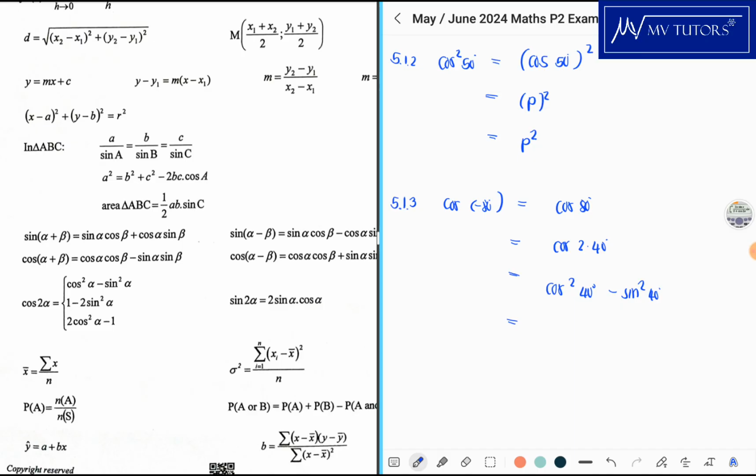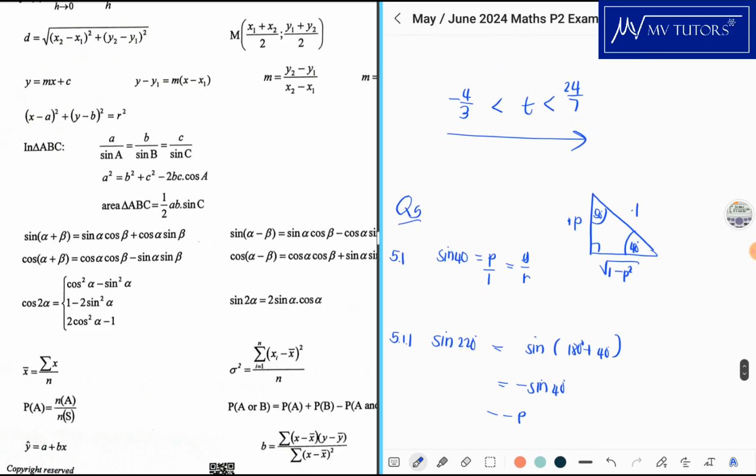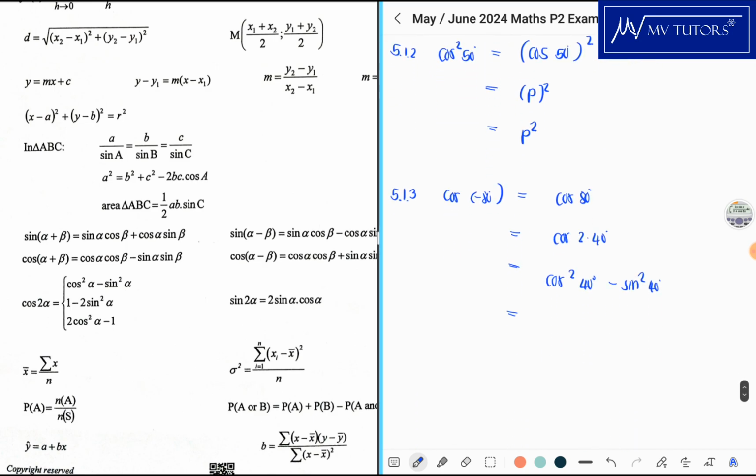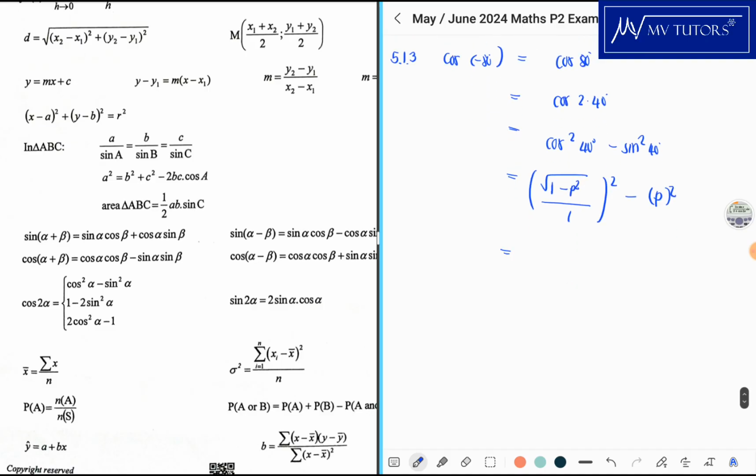And I know what cos 40 is. Remember, cos is adjacent over hypotenuse, so square root of 1 minus p squared over 1, and that is squared. And then I know that sine 40 is p, so that's just going to be p squared. If I write it out nicely, the square root and the power 2 cancel each other out, so I have 1 minus p squared minus p squared, so basically I have 1 minus 2p squared.